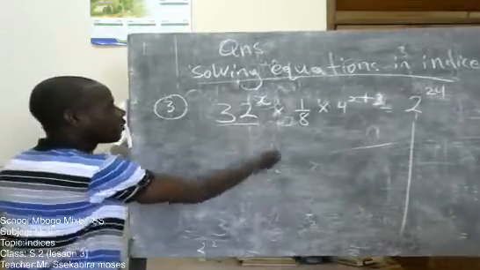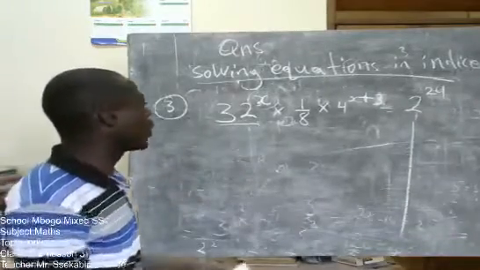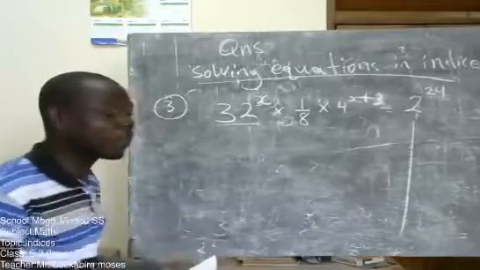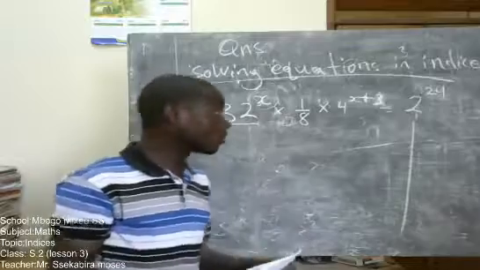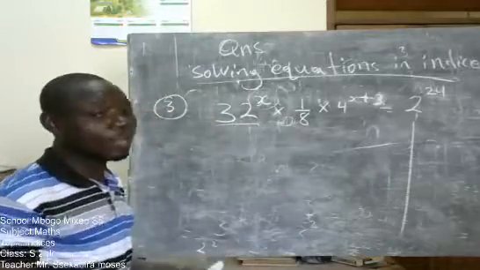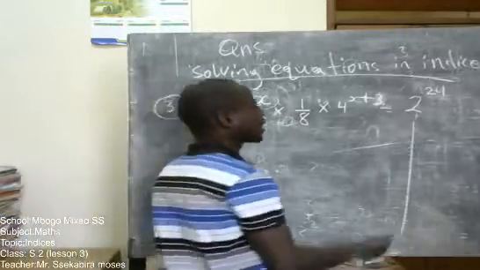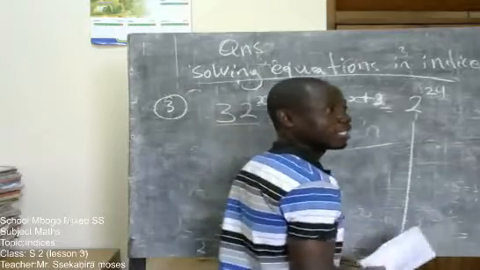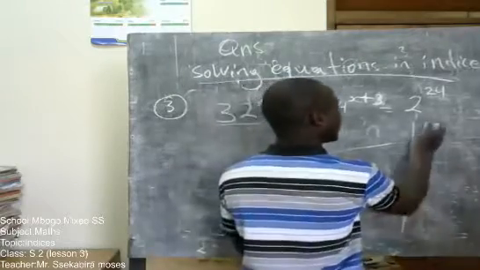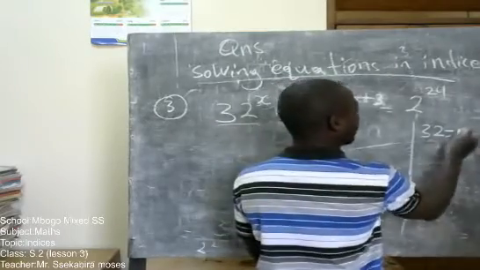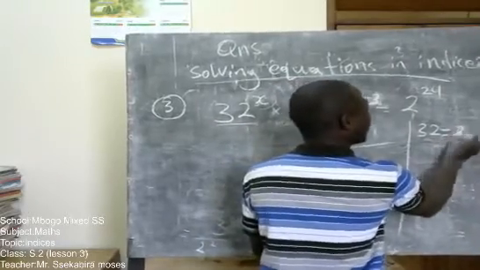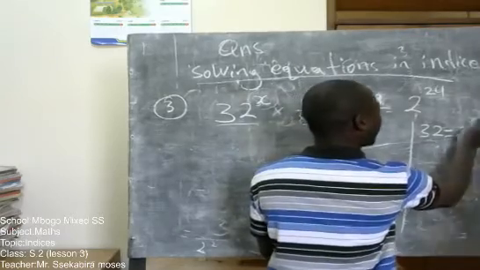Look, what is 32? I need you to work out how to express 32 as the product of prime factors. We find that 32 is equal to 2 to the power 5.